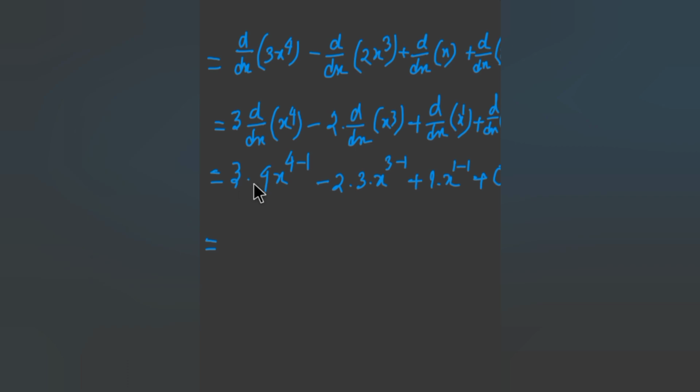So 3 times 4 equal 12, x to the power 4 minus 1, that means 3, minus 2 times 3, that means 6, x to the power 3 minus 1, that means 2, plus 1 minus 1 power. We know that x to the power 0 is 1, so 1 into 1 means 1. So this is the result of this math.